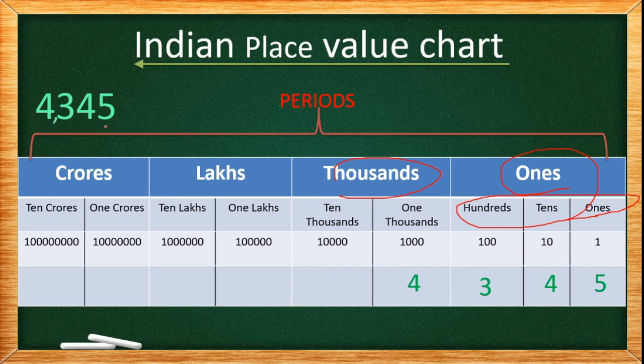So here we must put a comma after 4. So the number is 4,345. So when we put comma after each period, it is easy to read the number and we can understand the number easily.